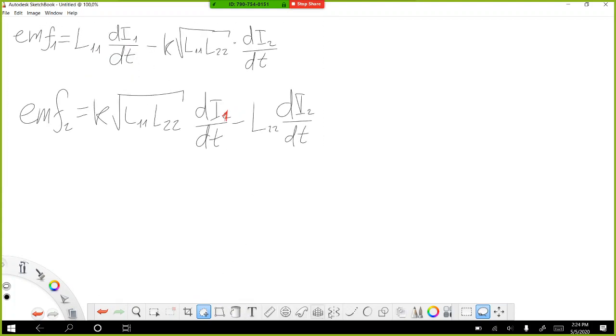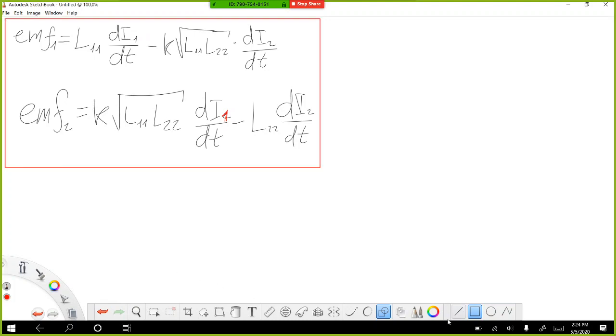These two are the equations to find the electromotive force in a real transformer with some flux leakage.